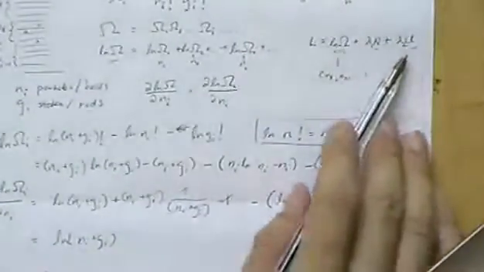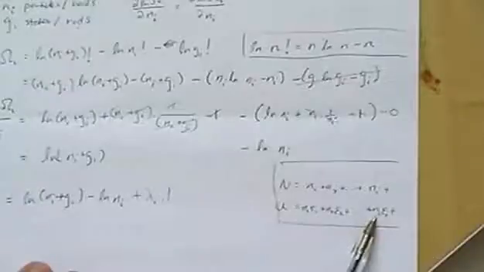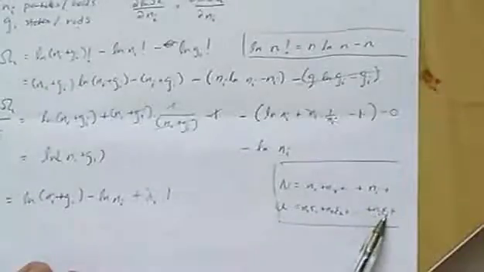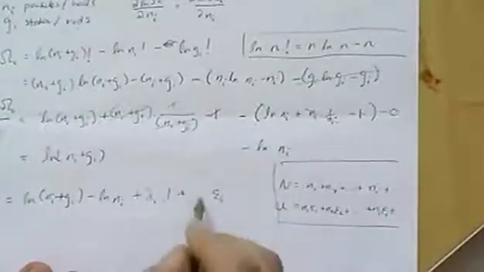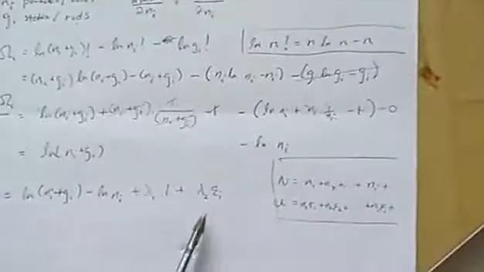Likewise, when I differentiate u, all these will be 0 except the term with ni. Ni differentiates to 1. I'm left with ei, with its Lagrange multiplier. So we have differentiated L.